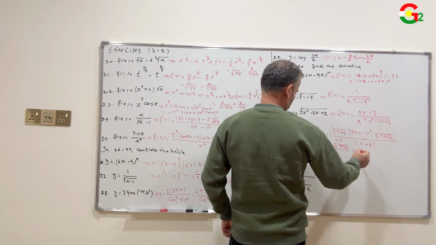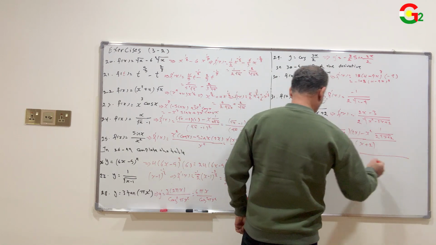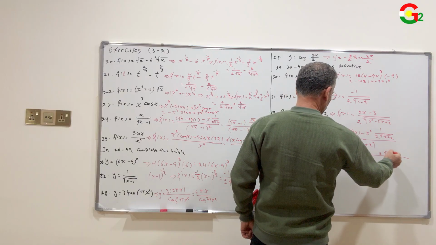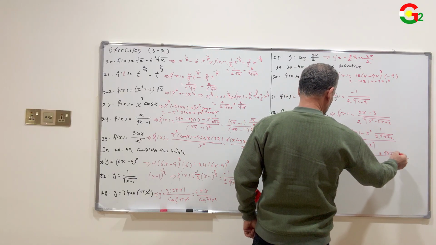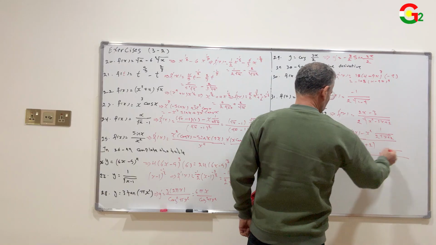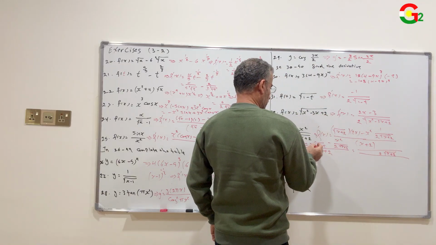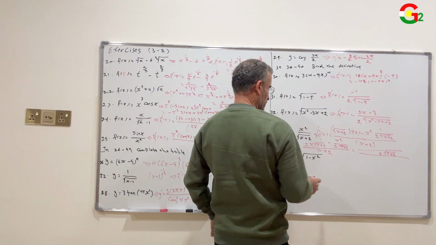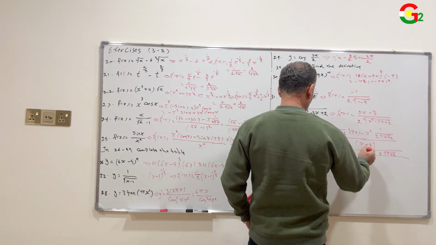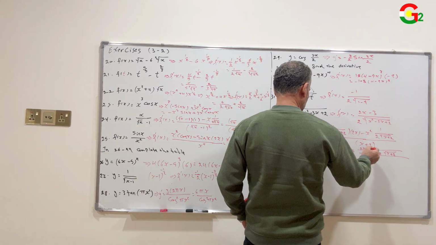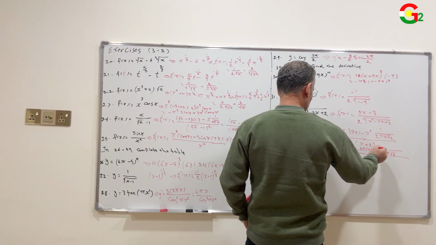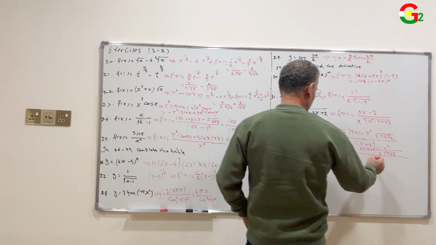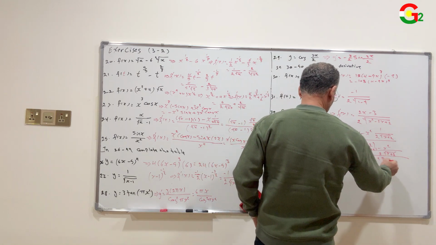And now we can also simplify it by finding the common denominator of the two terms in the numerator. Over x plus 2, the numerator becomes 2x times (x plus 2) minus x power 2 over 2 square root of x plus 2.